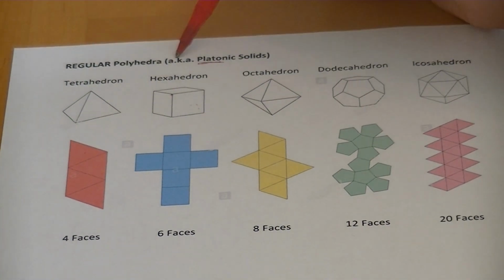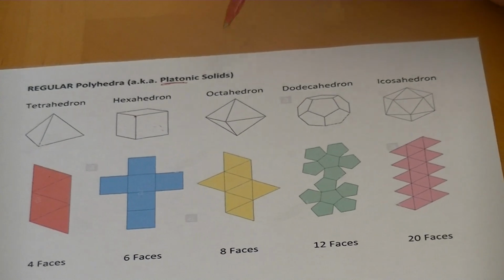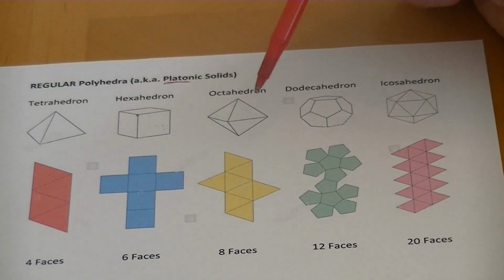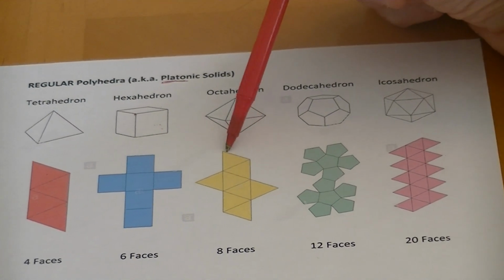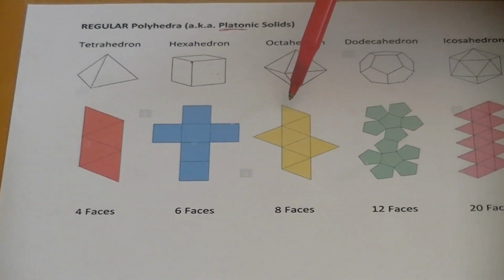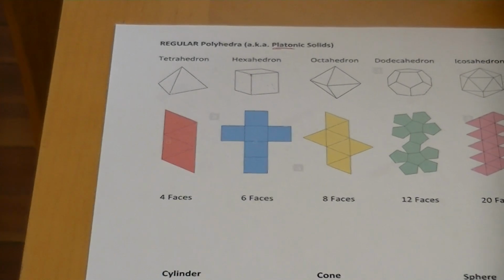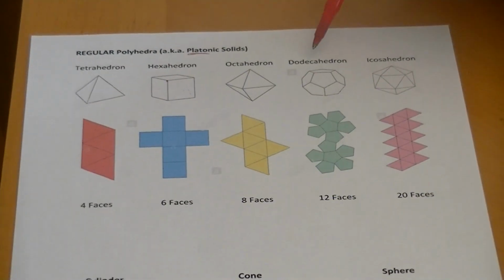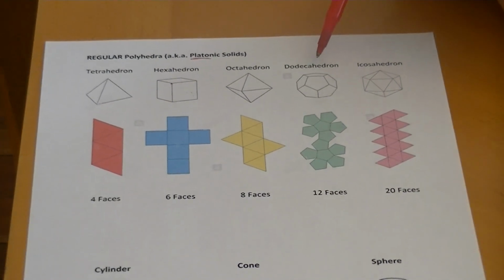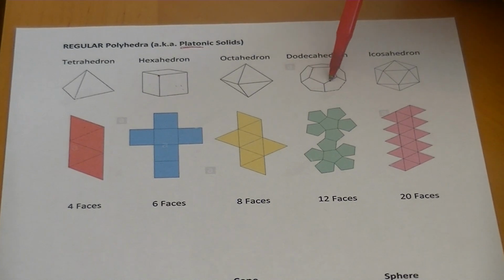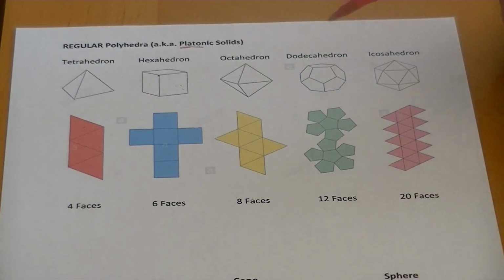So only 5 regular polyhedra exist. There is a regular octahedron. It is possible to take 8 regular triangles, equilateral, equiangular, and fold them up to form this shape. The most surprising one is a regular dodecahedron. If you take 12 congruent regular pentagons, you can tape them together and close up a region of space, and it's called a regular dodecahedron.